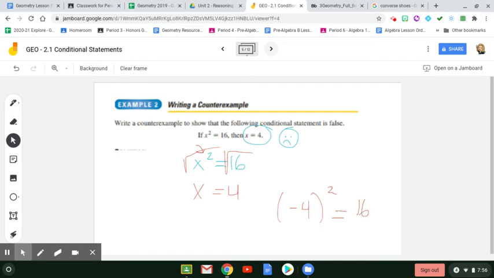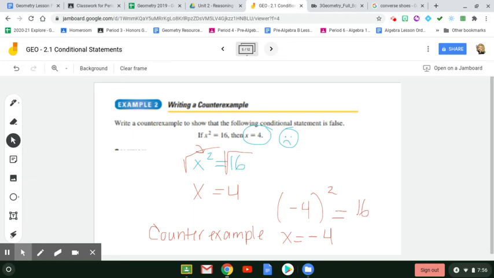So this would be our counterexample. Our counterexample for this statement that proves this wrong is that x could also be equal to -4, okay? Because -4 times -4 also equals 16.